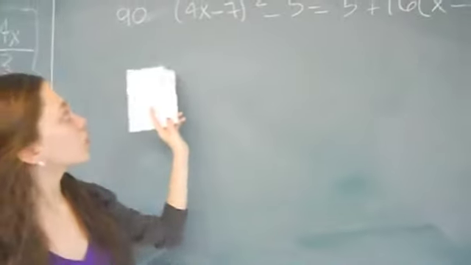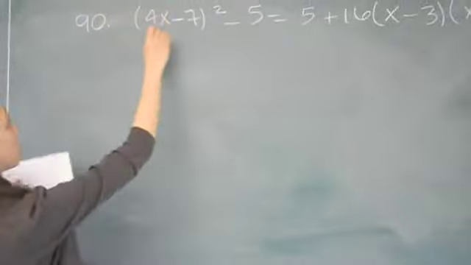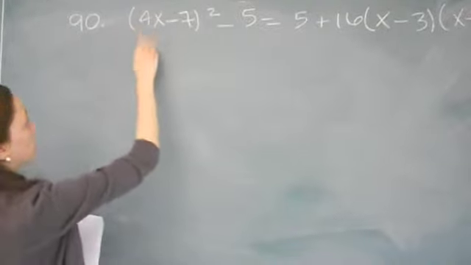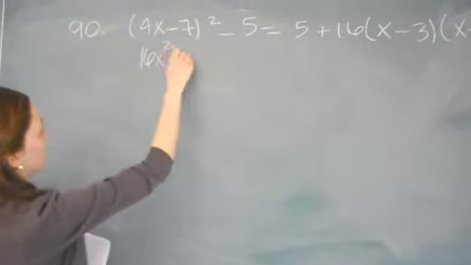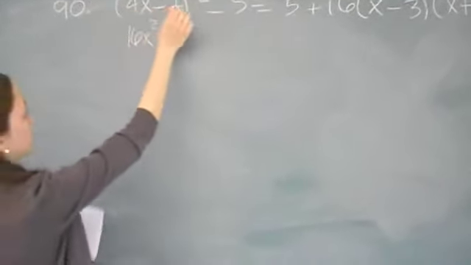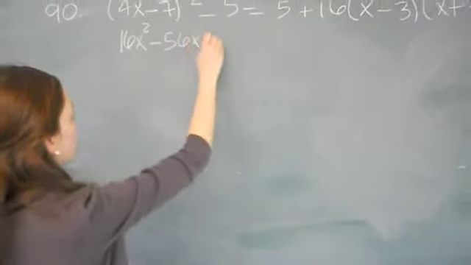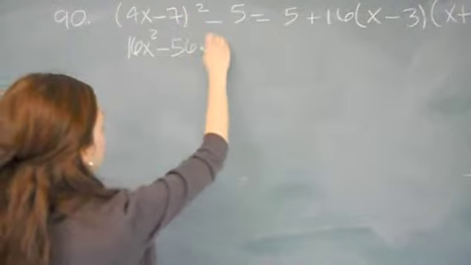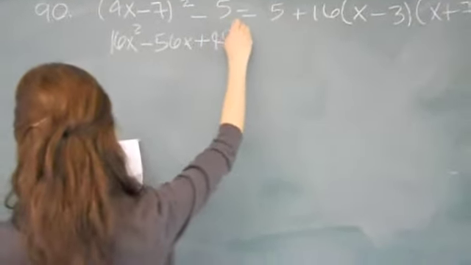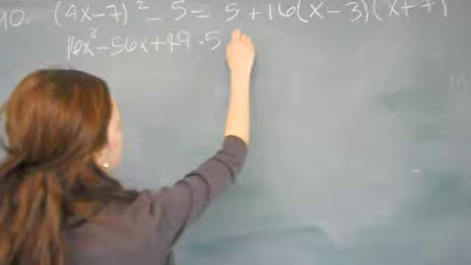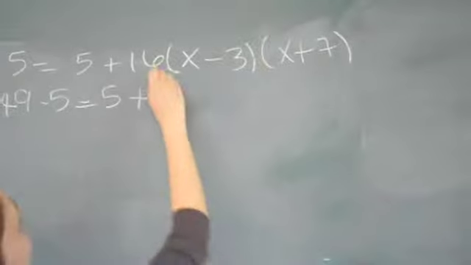Here I need to solve for x. So in this equation, this square will be 16x squared minus 4x times 7 is 28 times 2, negative 56x. Negative 7 times negative 7 is positive 49 minus 5 equals 5 plus 16.